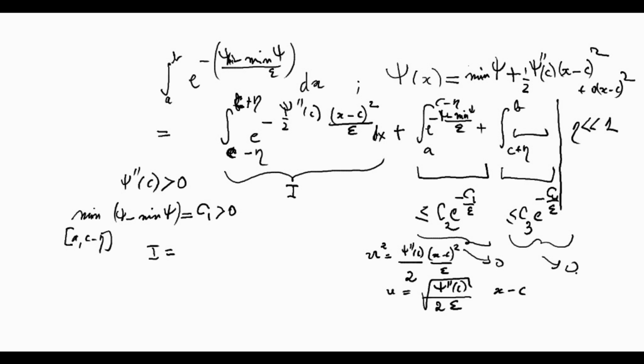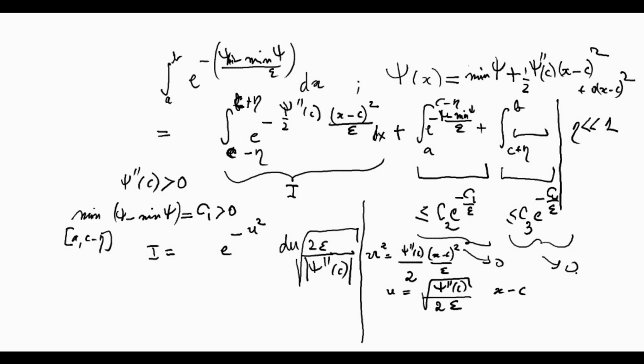So we now can write this is exponential of minus u squared. By definition, dx is simply du multiplied by the square root of 2 epsilon over psi second of c. So we can always put here absolute value, doesn't make any difference.